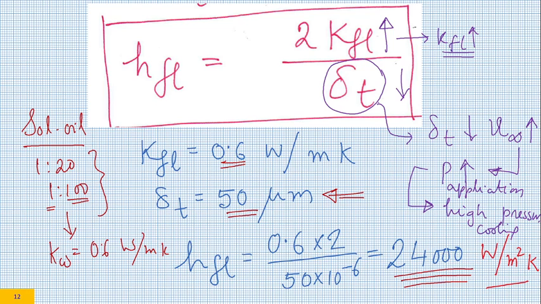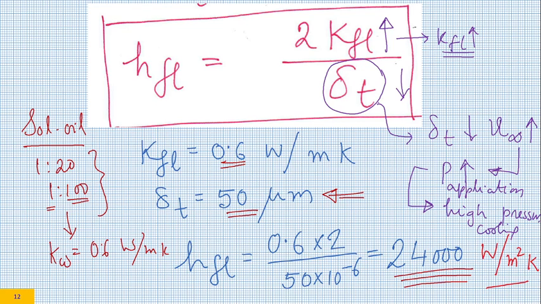So what we have learned today, we have learned a lot of things. We have learned to estimate the convective heat transfer coefficient, and for estimating it, we have taken a very simple path. What is that simple path? It is the development of a boundary layer over a hot plate.